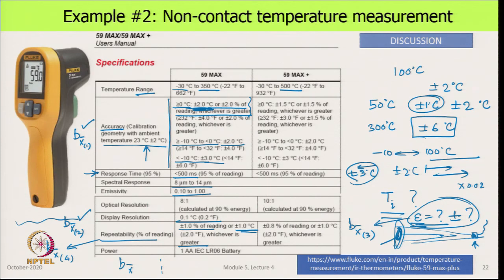Now, an instrument like this takes this signal. There is a sensor on which radiation falls, it generates an electric signal, there are various types of signal processing being done there, then there is analog to digital conversion, and then finally there is a display. The point of taking this example was that we do not know anything that is going on inside this. We do not even know how many bits were there in the A to D converter, what amplification was used; all these are not known to us.